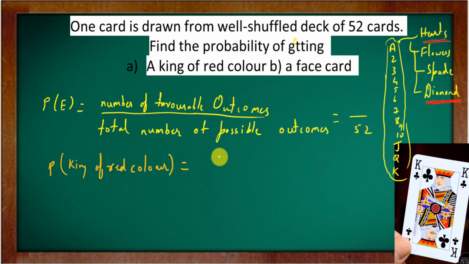So king of hearts and king of diamond. So it will be 2 divided by total number of possible outcomes. Kitle possible outcomes aspa shakta? 52. So it will be 1 divided by 26. So this is the probability of this first event, that is king of red colors.